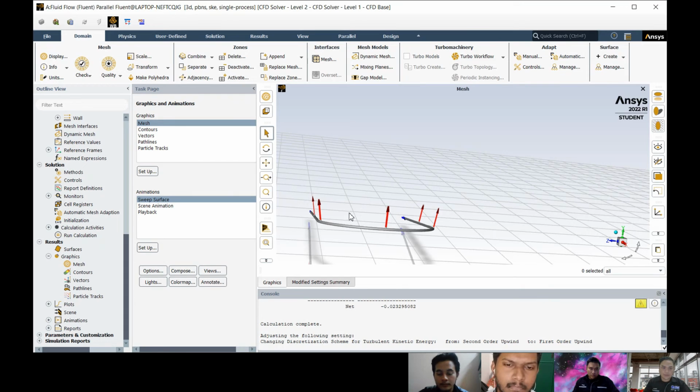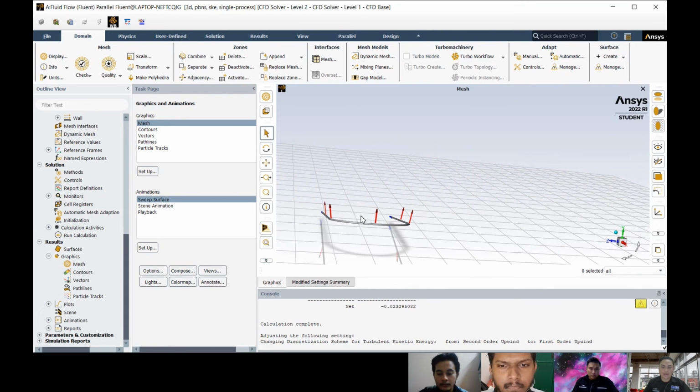The progression is there, but it's not finished yet. I will update all of you once it's finished. Is it okay? Yes, okay.